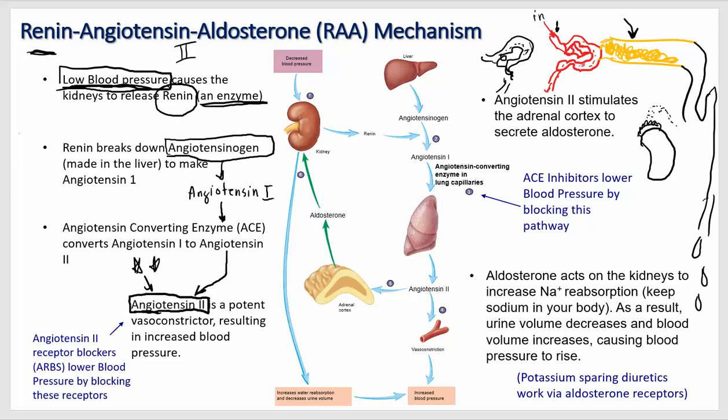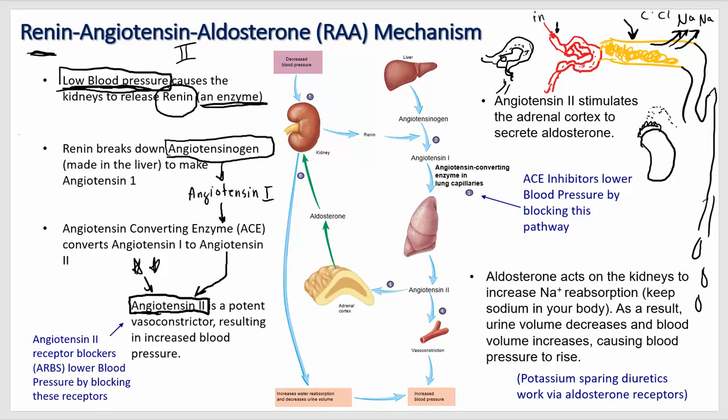Aldosterone acts on the kidneys by telling them to reabsorb sodium. So our little nephron is saying, we're going to put in these sodium transporters and get more sodium out of the cell. Of course, chloride is going to follow the sodium. And what else is going to follow the sodium? Water. So now water is also leaving.